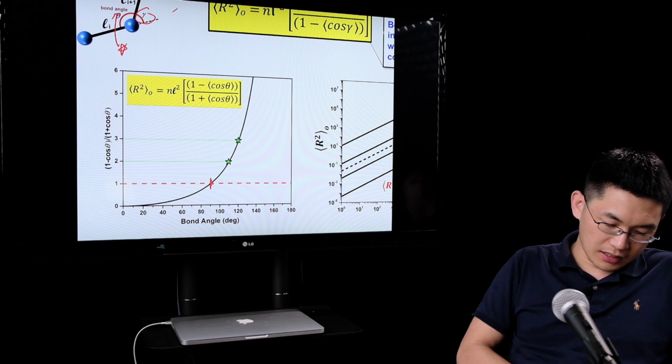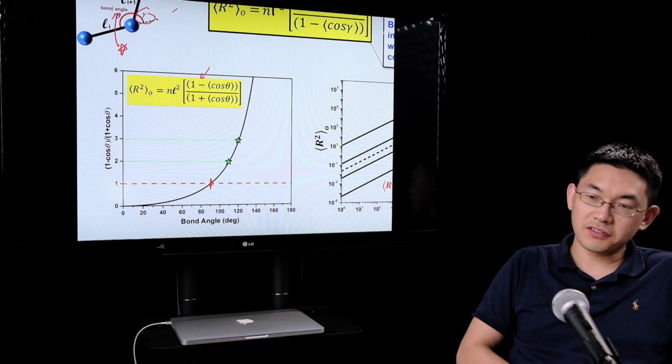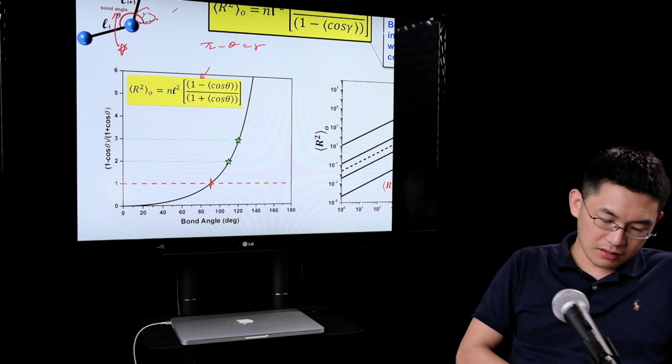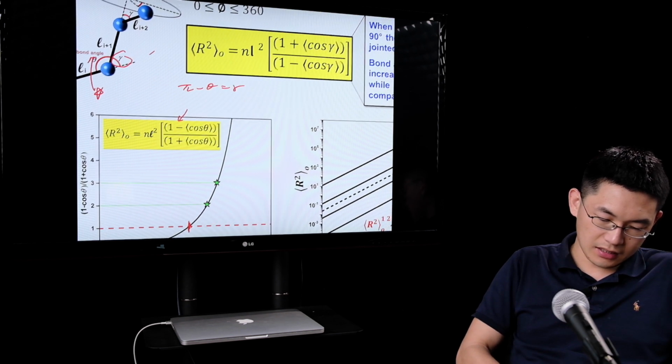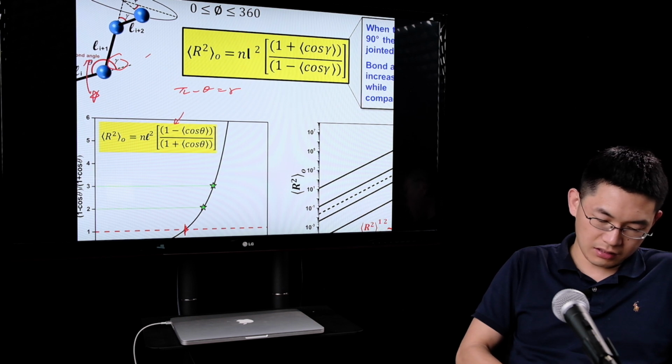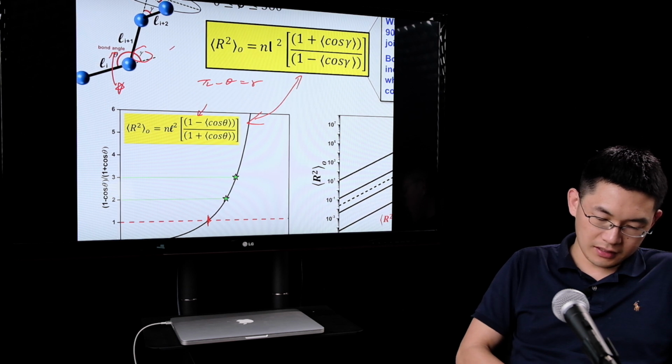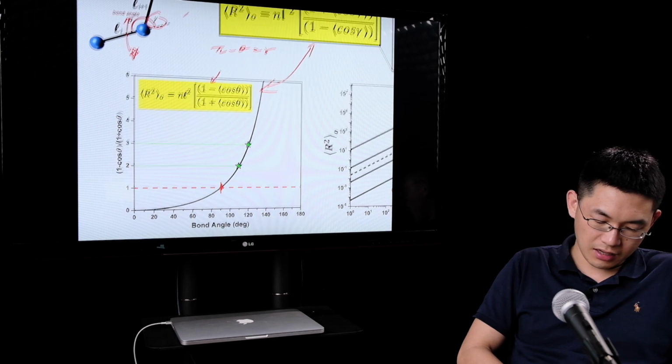But if you use theta, remember, because the gamma term and theta term differ by pi, pi minus theta would equal gamma, and this causes a little confusion for some of you. This would be written as 1 minus cosine theta. It's basically the same as 1 plus cosine gamma. Those equations are interchangeable because these two angles differ by pi minus that angle, okay?